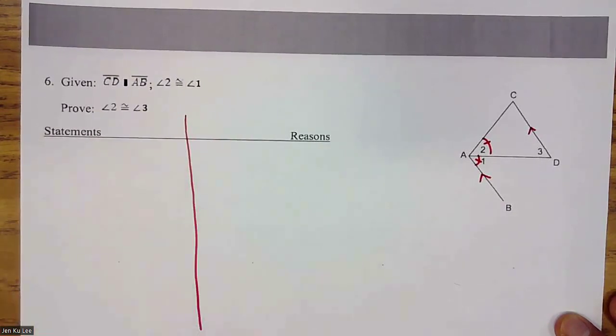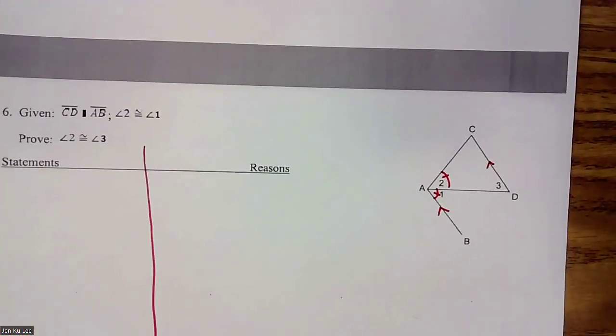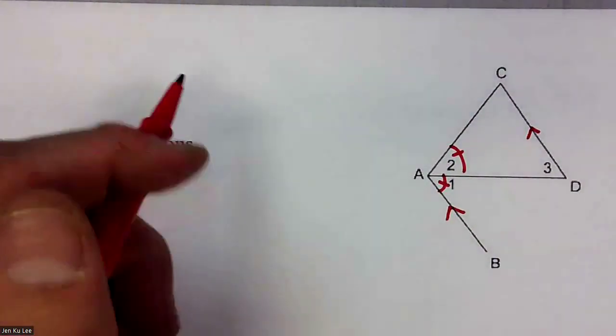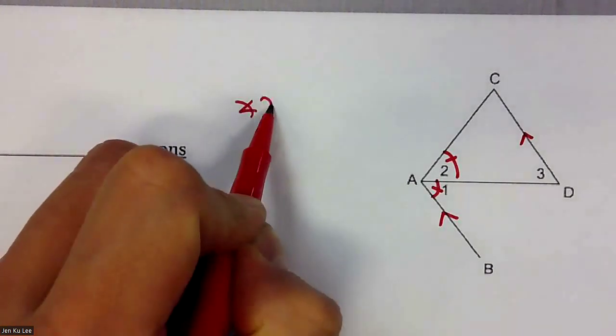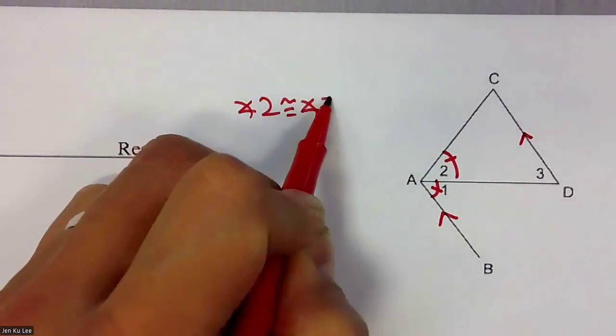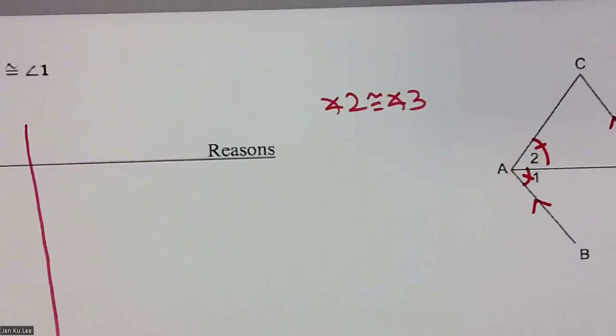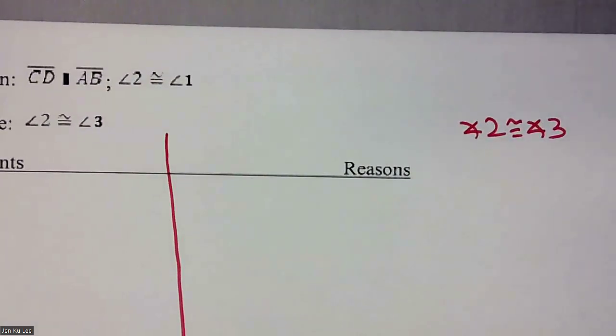Now I have to prove that angle 2 is congruent to angle 3. Okay, I have to prove angle 2 is congruent to angle 3 based off of this picture. Okay, so I'll give you guys a little bit more time to try and figure that out. So here is the plan.